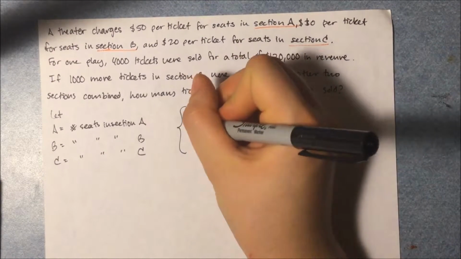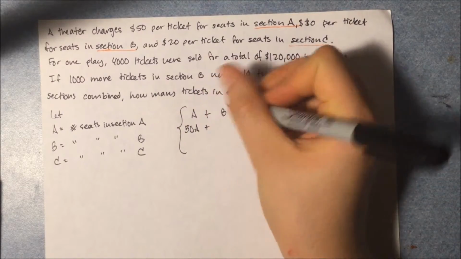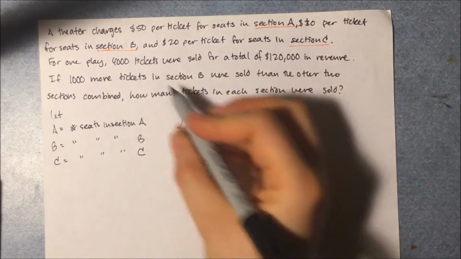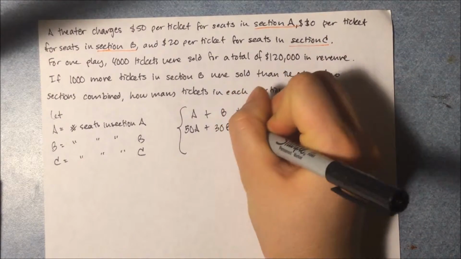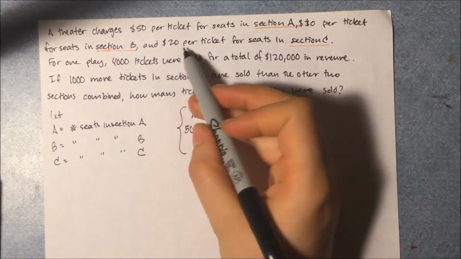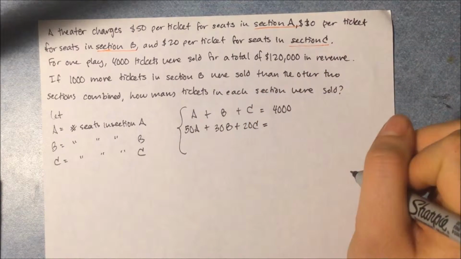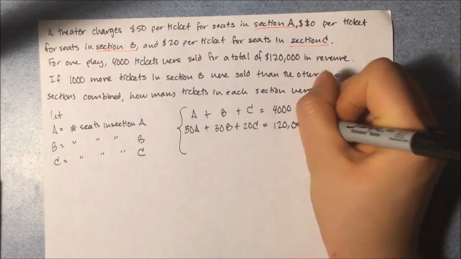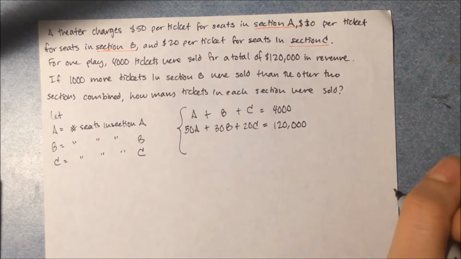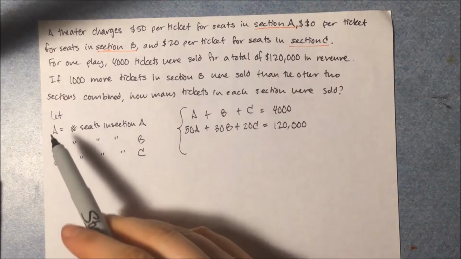So the total number of tickets from A times 50 for the dollars, plus B at $30 per ticket, so 30B, plus $20 times the amount from section C should all equal $120,000 in revenue. Okay, good. So we have 2 equations. We need 1 more. Let's read on.